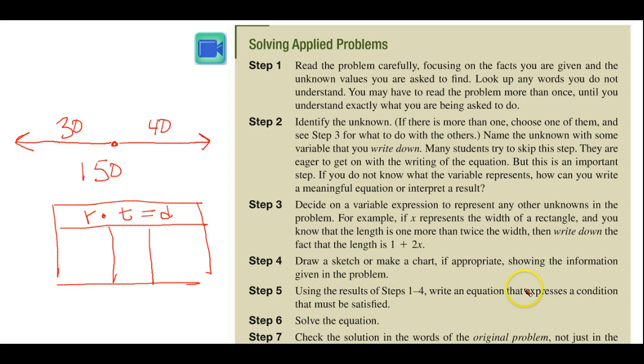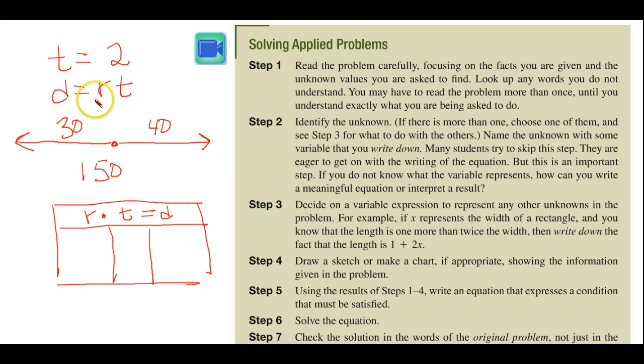Then, once you've solved your equation, you see, does your answer make sense? One of the problems we had in my other class was when we solved something, we ended up with time. Time was 2 hours. But they wanted distance, and you had to know that distance equals rate times time.